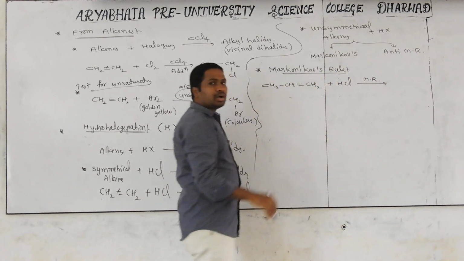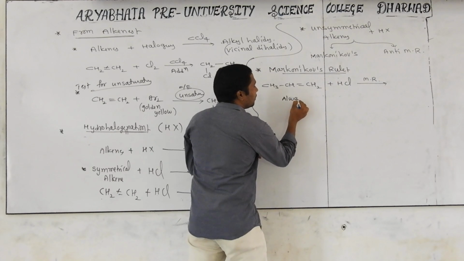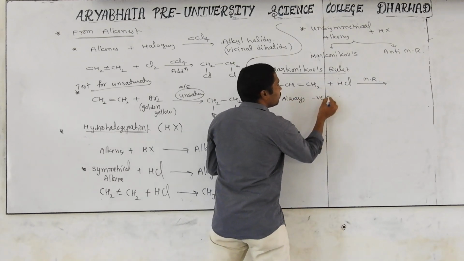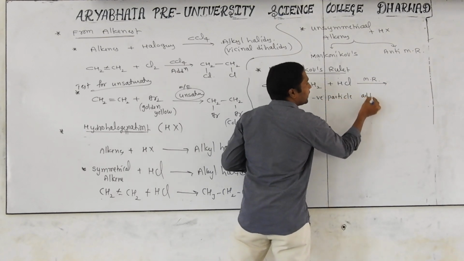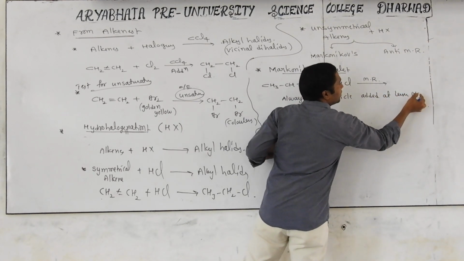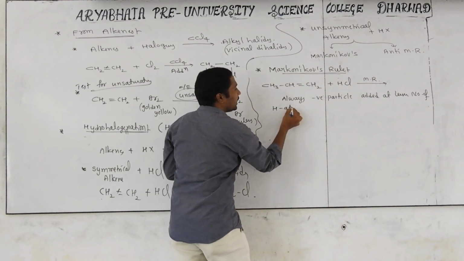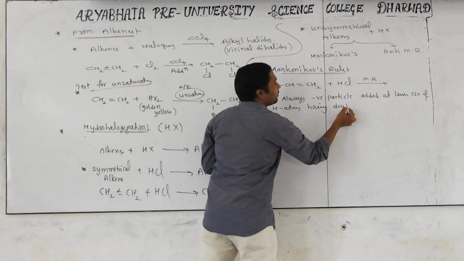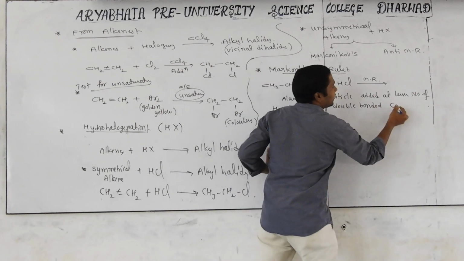What is the Markovnikov rule? Always, the negative particle is added to the double bonded carbon atom having the lesser number of hydrogen atoms.